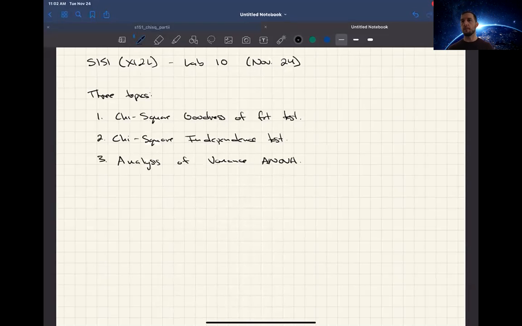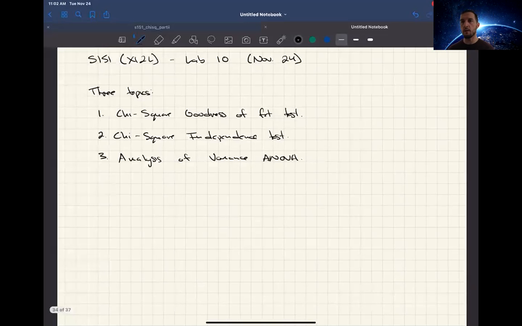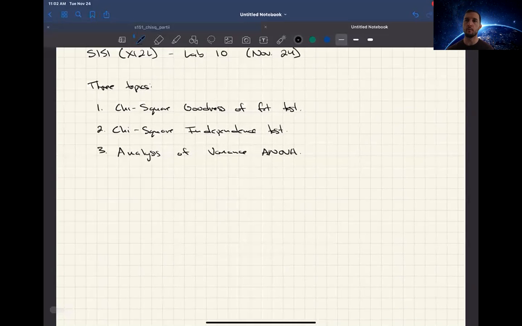So what we're going to do is I'm going to briefly outline what each of these is used for, and then we're going to look at an example of each one in Rcmdr, because my guess is we'll probably only have time to get through one example of each. So depending on where you are in lecture, you may have heard of one of these things, all of these things, a combination of these things, none of these things.